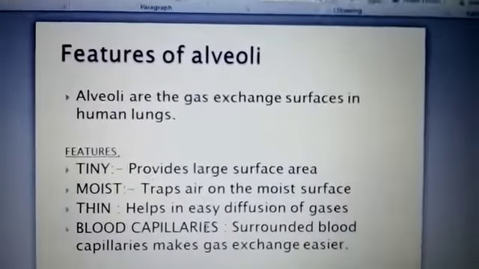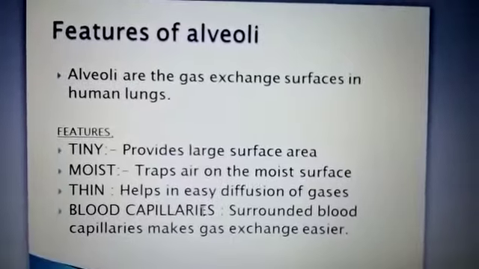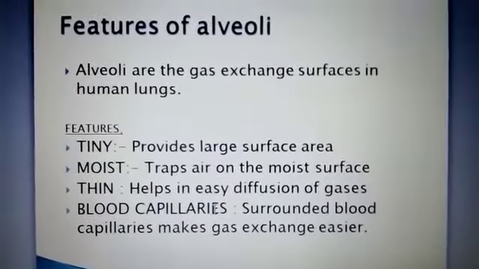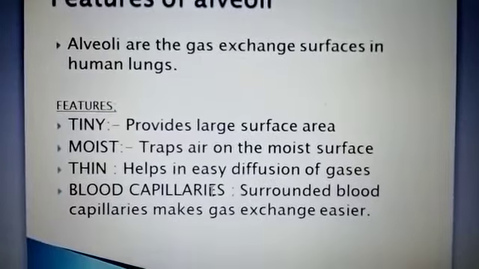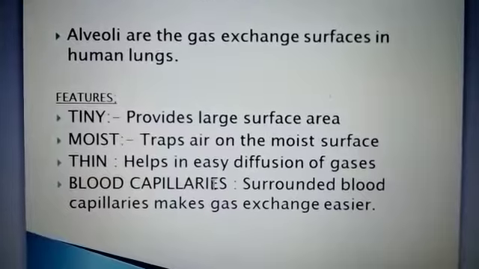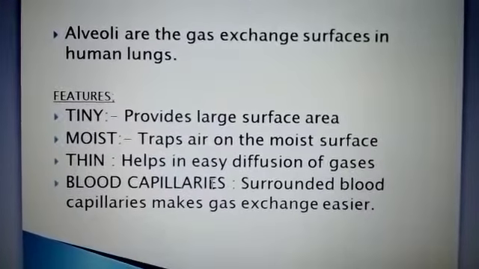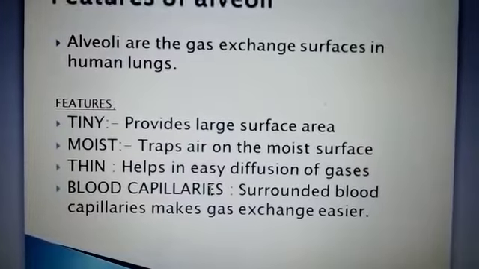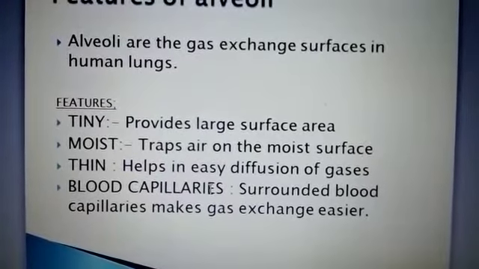What are the main features of alveoli which help them to perform their function? They are very tiny. So the tiny structure or small size provides a large surface area for more gas exchange. These are moist. Moist means it can trap air on the surface.